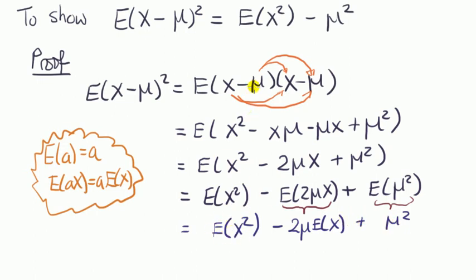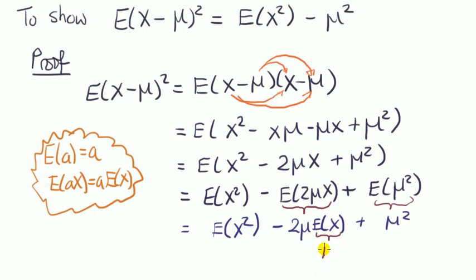Now note this is in the answer, so we don't touch it. These two we have to reduce to minus mu squared. We've already got mu squared there, so the question is, can I convert that into minus 2 mu squared? The answer is yes, because what is the expected value of x?